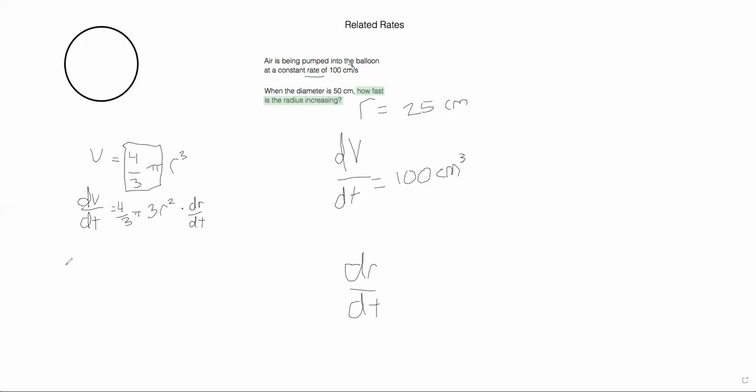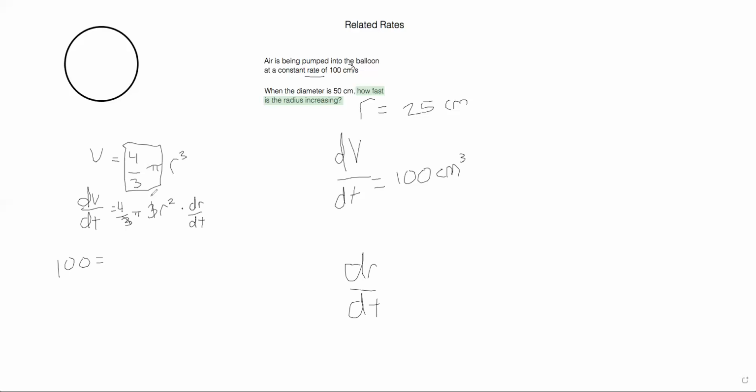We have the derivative of volume with respect to time. We know that is 100. The 3 down here is going to cancel with the 3 up there. And we have a radius. Radius is 25. So we're going to plug that in. 25 times 25 is 625.